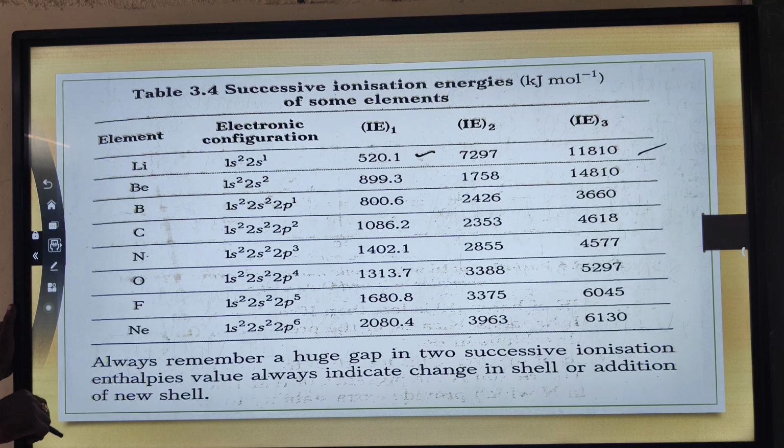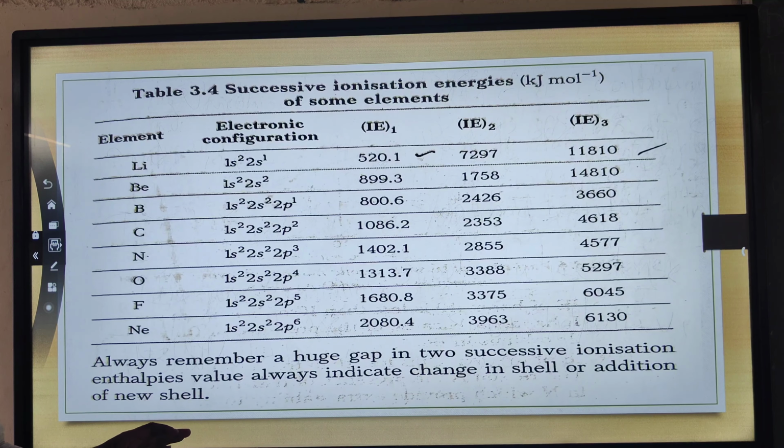So these are the ionization energy values. Look at neon. Neon is a noble gas. It has the all-time high first ionization energy value, almost 2080, the greatest among the elements listed here, because neon is a noble gas with an octet structure in the outermost shell, full-filled orbitals.